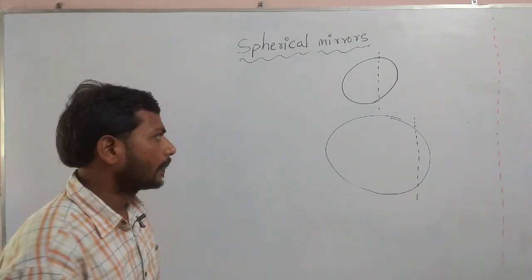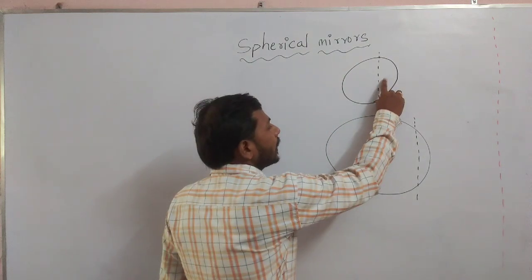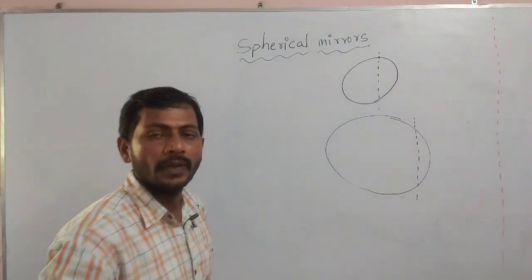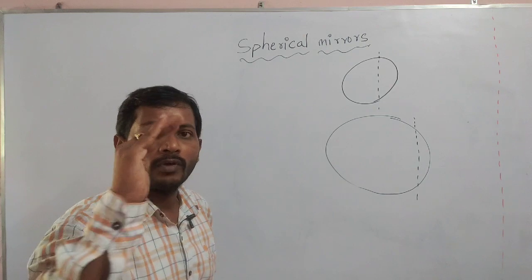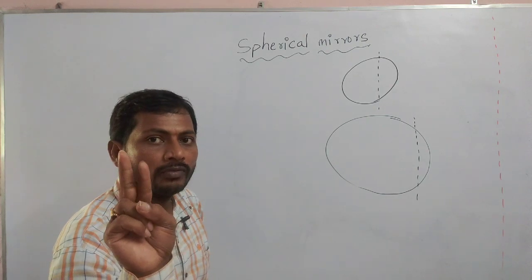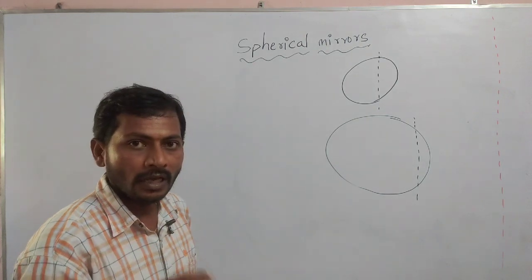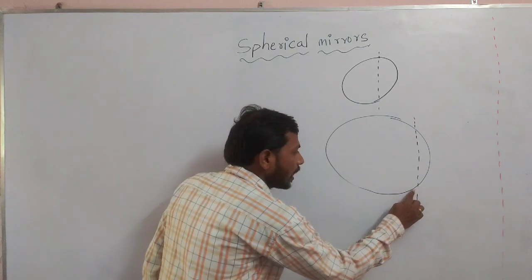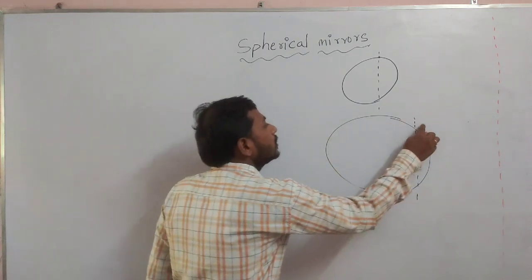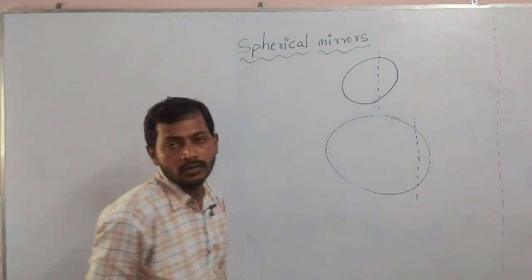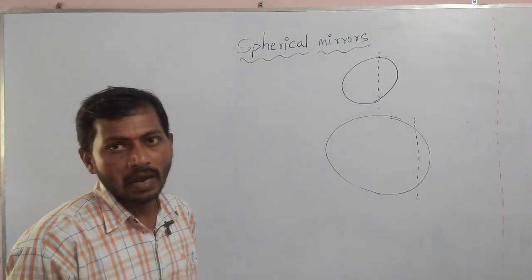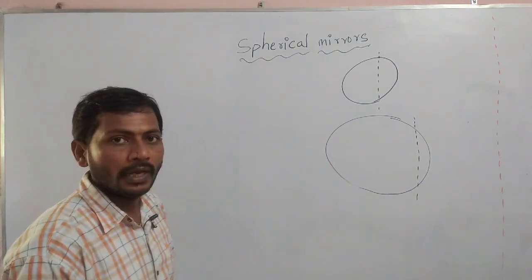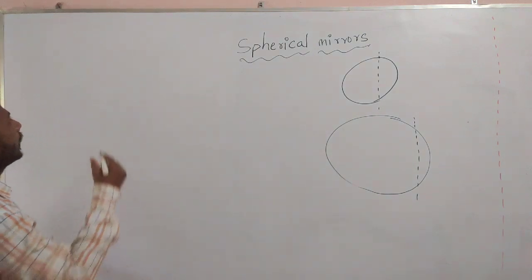Please observe here. From this sphere or that sphere, from any one sphere, you have taken one piece. I am going to give the two parts. Maybe in mathematics you also know this is called the bigger arc and this is called the smaller arc. If you observe here, I am going to draw like this.